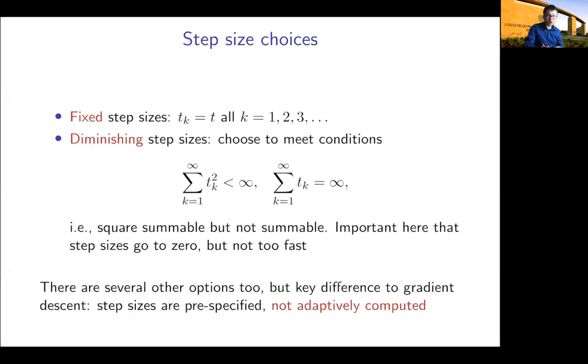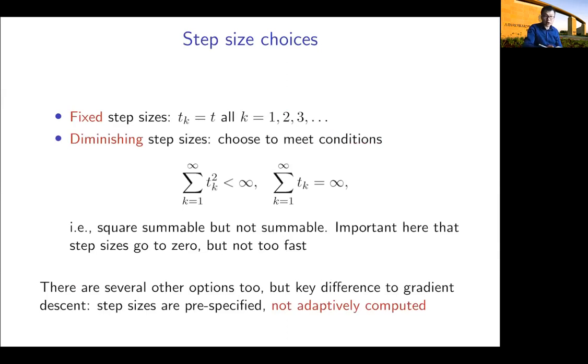Okay. So just like gradient descent, we'll have to talk about how we choose the step sizes appropriately. There are often two standard choices. We can either take the step sizes to be fixed, in which case, if you allow k to go to infinity, this will not really converge, as we'll see in the theorem on the next slide.